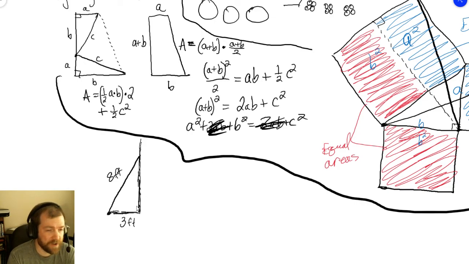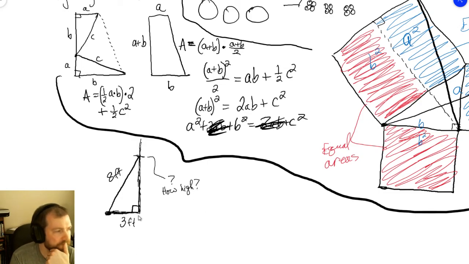And let's suppose that your house is well built. This does have a right angle to the ground, or at least to the straight line distance to where your ladder is anchored. Then you want to know, how high up can we reach? So this is probably much more what you're used to.